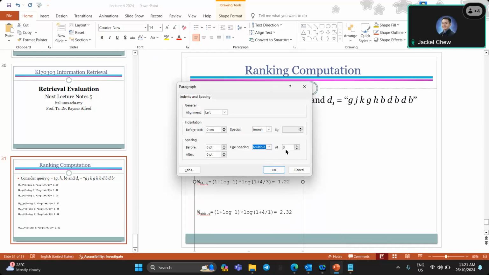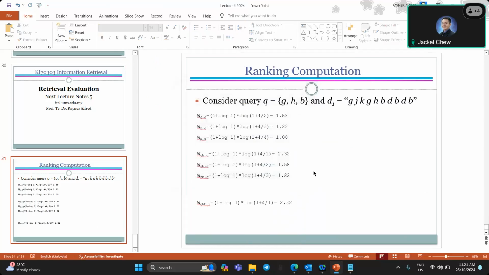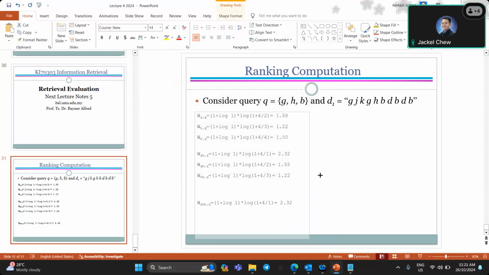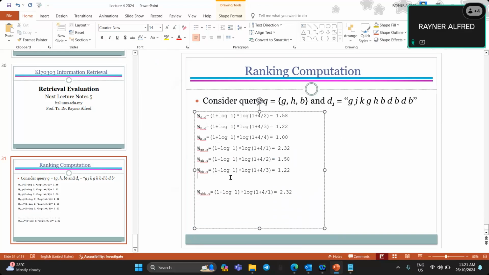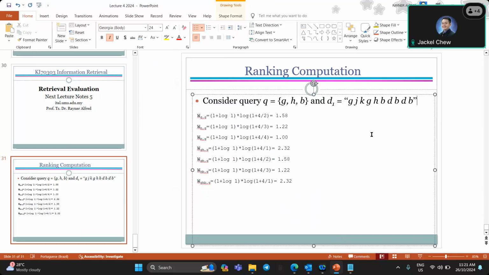Prof, is the query following the document, or is it given? All the queries are given. The query is given, yes. So you have document 1, 2, 3, 4. This is document 3.